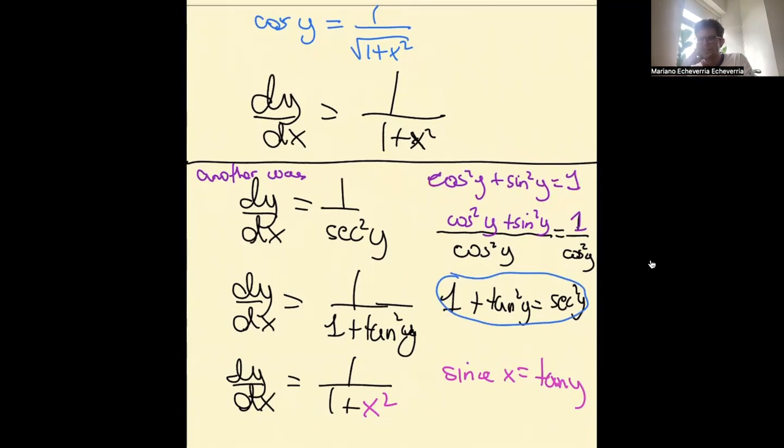I don't know if that's better, but it's more algebraic, for lack of a better word. If you just remember this identity, then finding this is more mechanical. So you can do it like that. Is that okay?